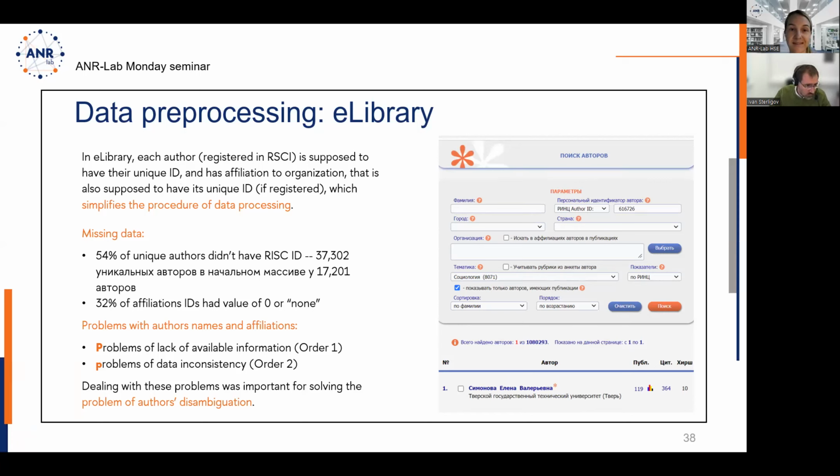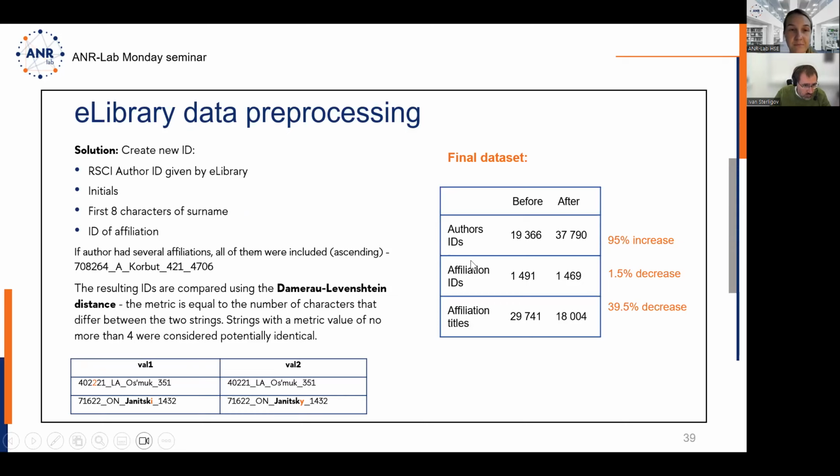So it means that we needed to create some approach to deal with this issue, to somehow work with our authors' disambiguation. And we actually proposed a way to do it. We decided that we would make new IDs, which would include the original author's ID given by eLibrary, then the initials of the author, then 8 characters of his or her surname, and also the ID of affiliation.